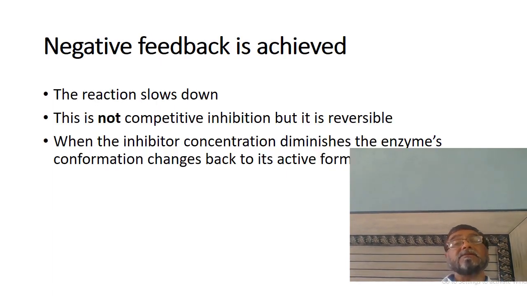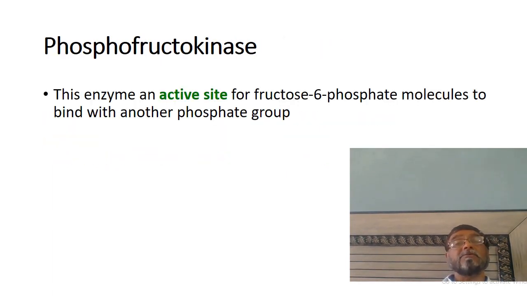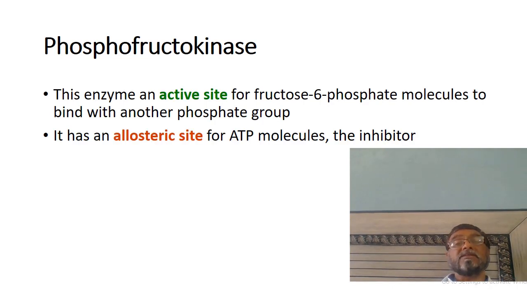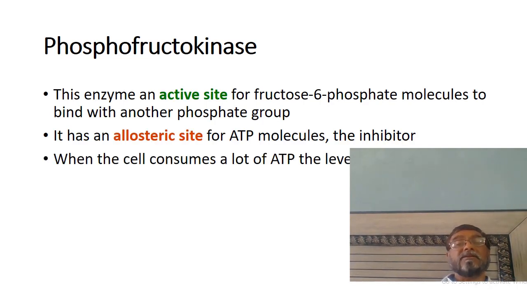The negative feedback mechanism we have discussed earlier. Phosphofructokinase we have discussed earlier. In this case, the allosteric site is covered with an ATP molecule when the ATP is high in the cell.